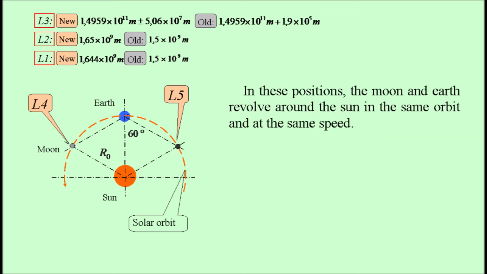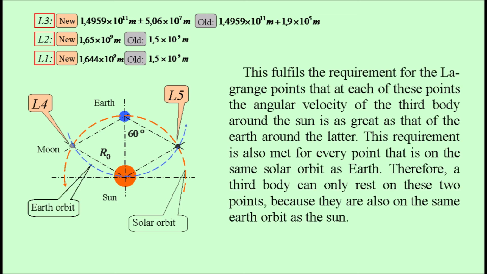In these positions, the Moon and Earth revolve around the Sun in the same orbit and at the same speed. This fulfills the requirement for the Lagrange points that at each of these points the angular velocity of the third body around the Sun is as great as that of the Earth around the Sun.